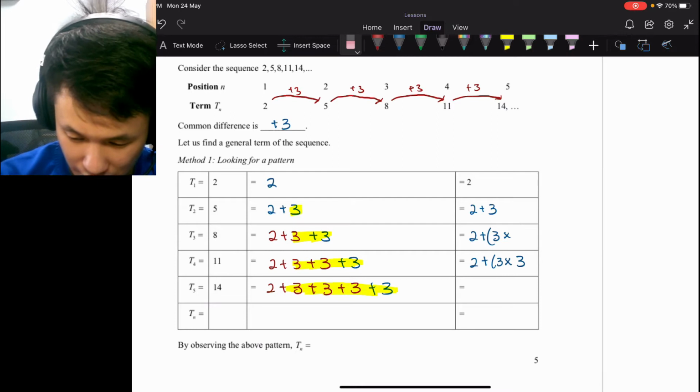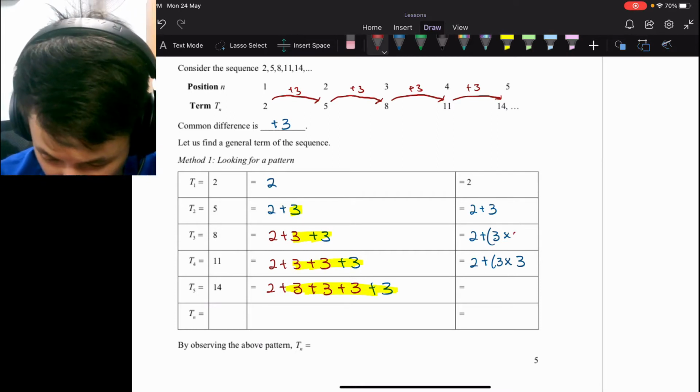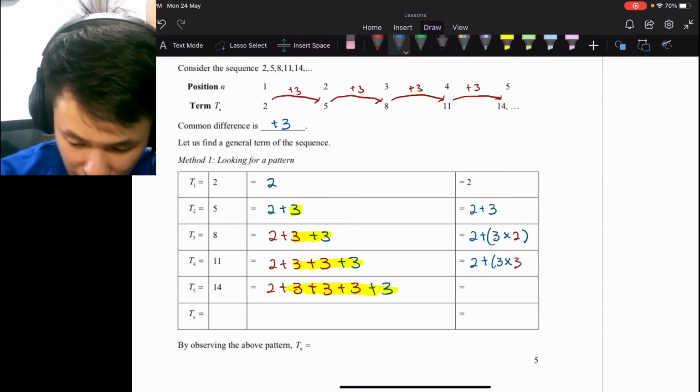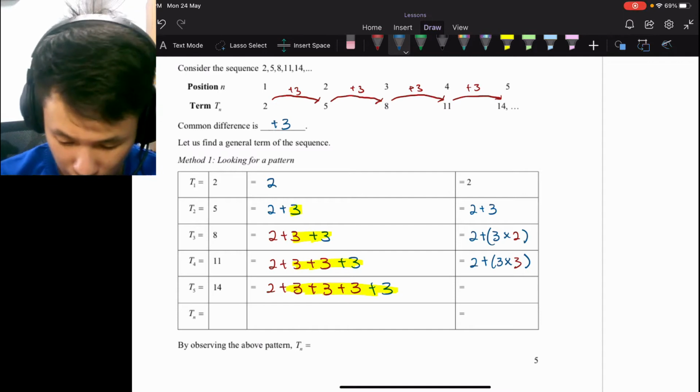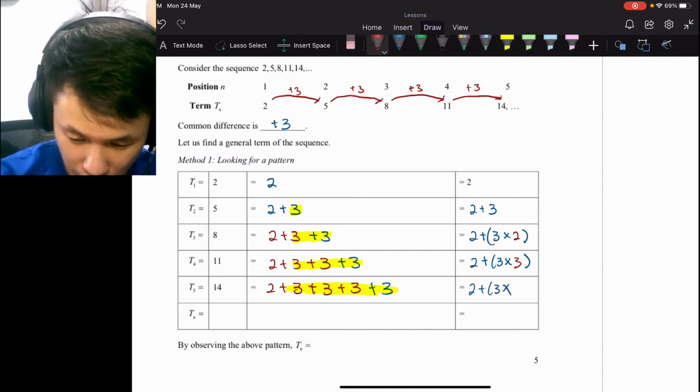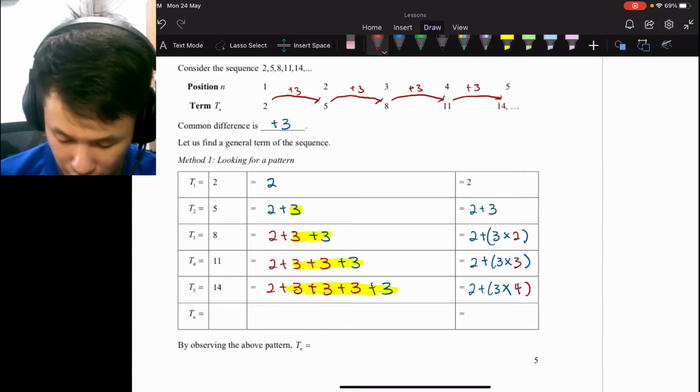Can you see that there is a very unique pattern happening here? This is actually quite tough. It's not that easy. So in this case, this is 2 plus 3 times 4 of them. Oh wow.